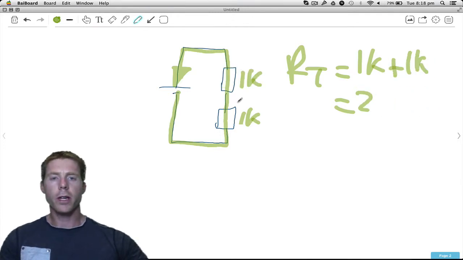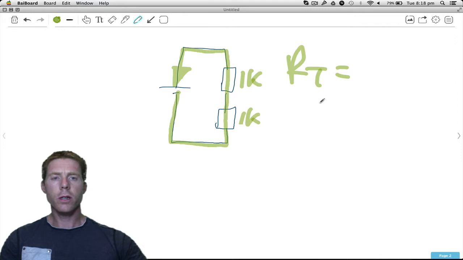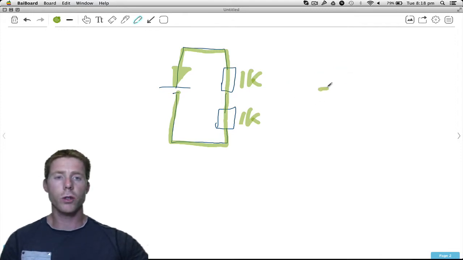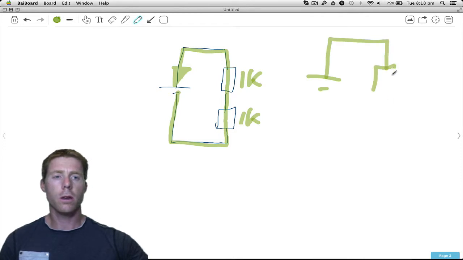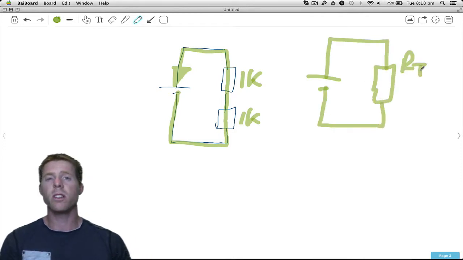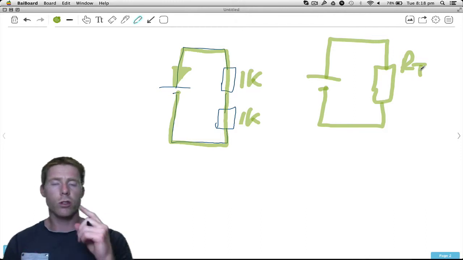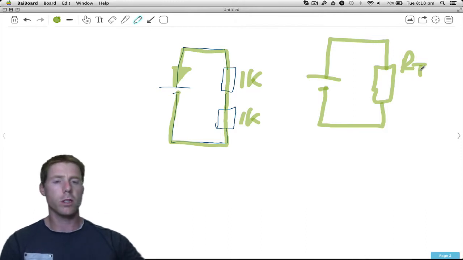You may recall that we could actually simplify our circuits down to just this. And we'd call that RT, which is our total resistance. Sometimes I've also called it the equivalent resistance, which means if we were to get all of the resistors in our circuit and replace it with just one resistor, what value would that resistor be?